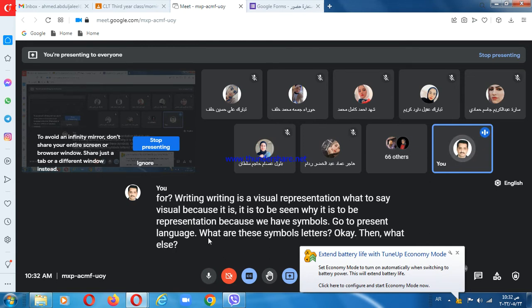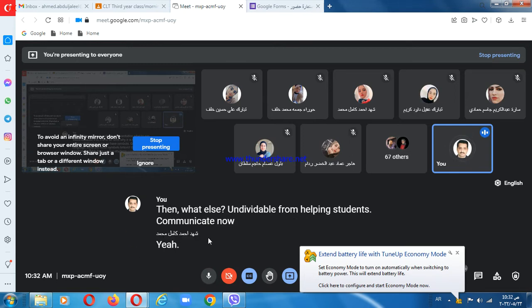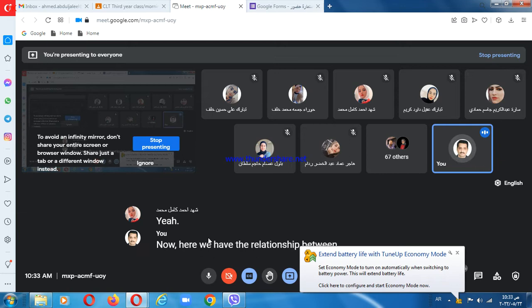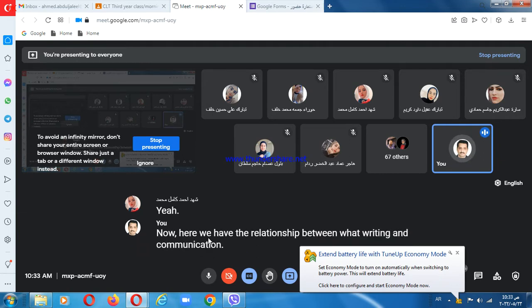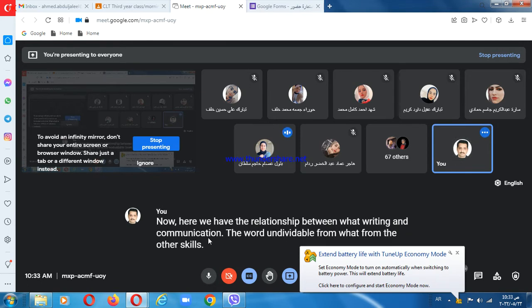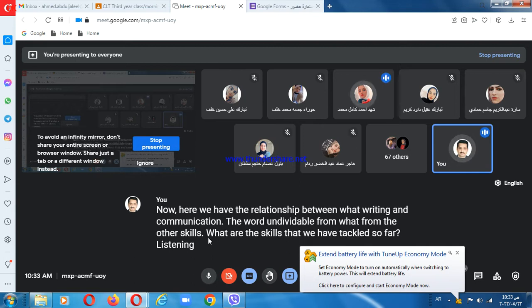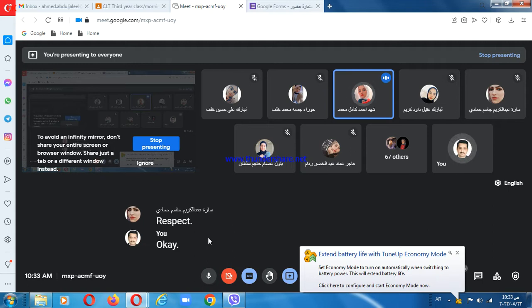Then what else? Undividable from helping students communicate. Here we have the relationship between writing and communication. Undividable from what? From the other skills. What are the skills that we have tackled so far? Listening, speaking, reading, writing. So it is inseparable from the others.